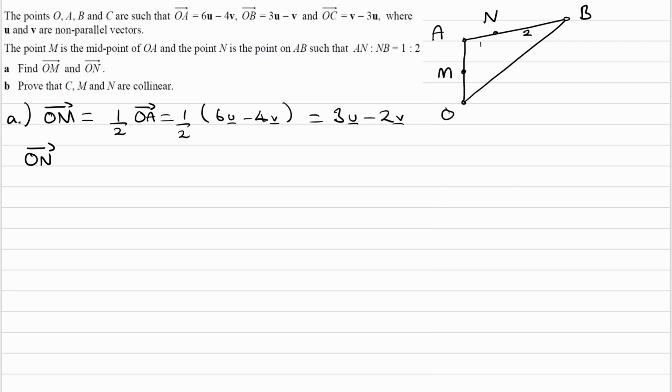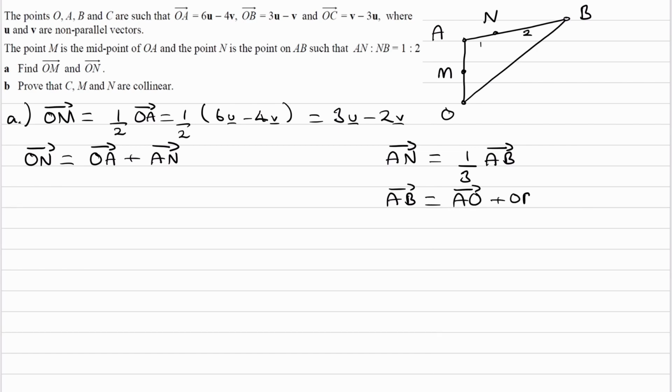For ON, to work out what ON is, we can go from O to A, and then from A to N, but we don't know what AN is right now, so let's work that out. AN is on the line AB, and N is a third of the way along, so AN would then be a third of AB. And AB we can work out. That would be AO plus OB.